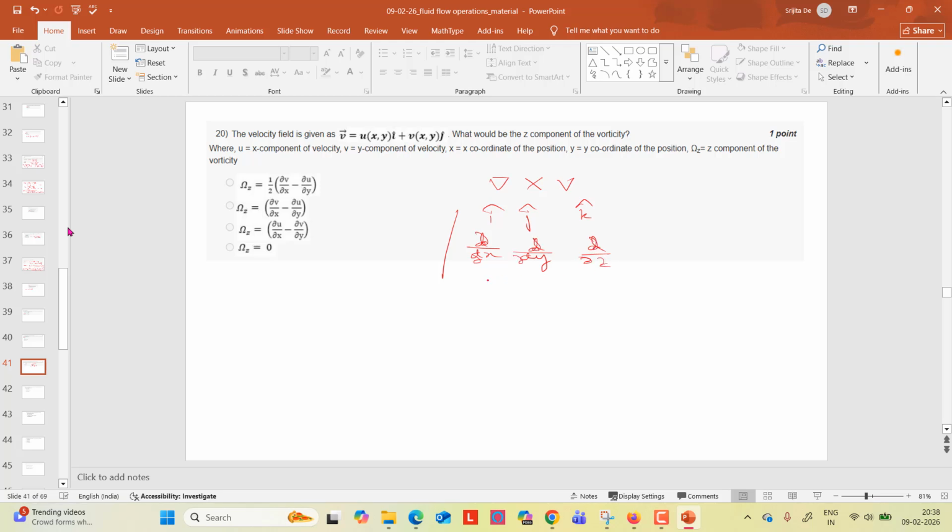Here it is u, v, but the w term is not there, so it is 0. So only the k term will remain. It is del v del x minus del u del y. So this is the z component term. Option B.